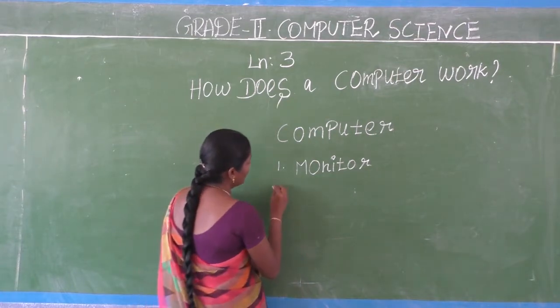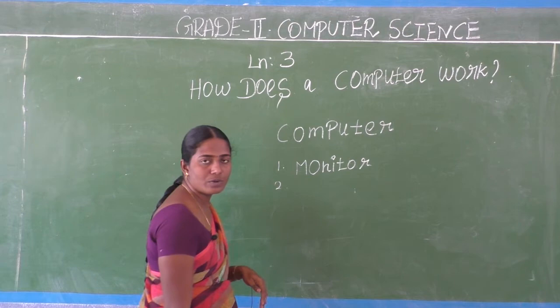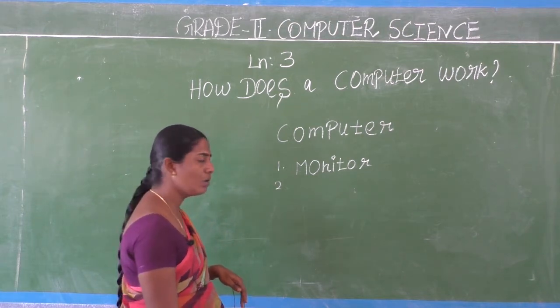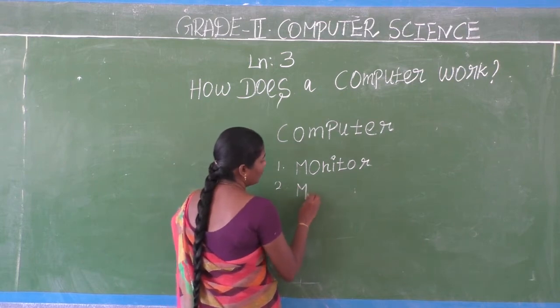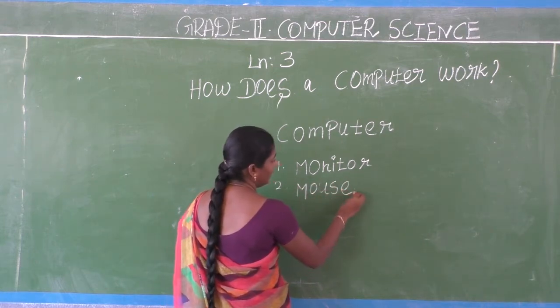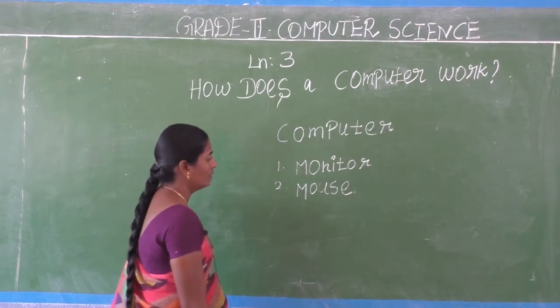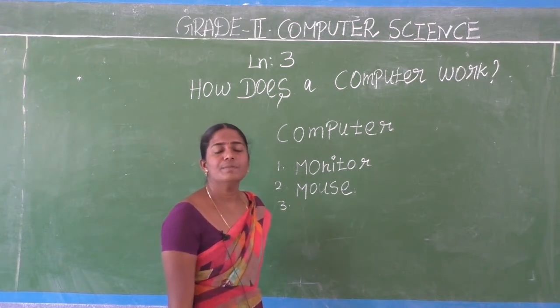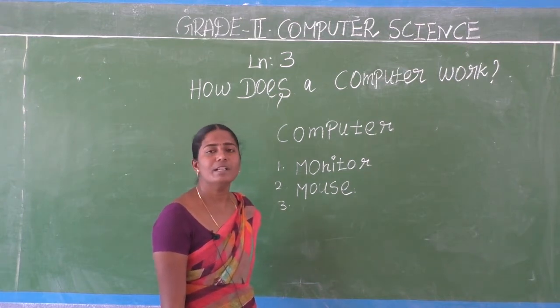The second one, mouse. What is the spelling for mouse? M O U S E. Mouse. Third one, keyboard. What is the spelling for keyboard?